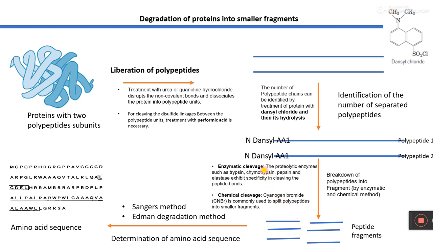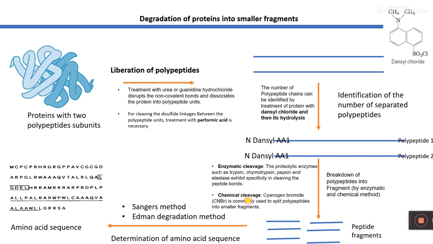Among these enzymes, trypsin is most commonly used. It hydrolyzes the peptide bonds containing lysine or arginine on the carbonyl side of the peptide linkage. In chemical cleavage, cyanogen bromide is commonly used to split polypeptides into smaller fragments. Cyanogen bromide specifically splits the peptide bond on the carbonyl side contributed by the amino acid methionine.